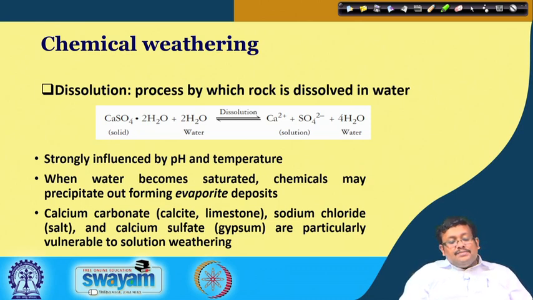And when water becomes saturated, chemicals may precipitate out, forming evaporite deposits, which you can see in salt affected soils due to the high evaporative demand. When the salt solution in the water moves through the soil and goes to the upper part of the soil, and the water evaporates, leaving behind only the salts, that forms a white crust on the soil.